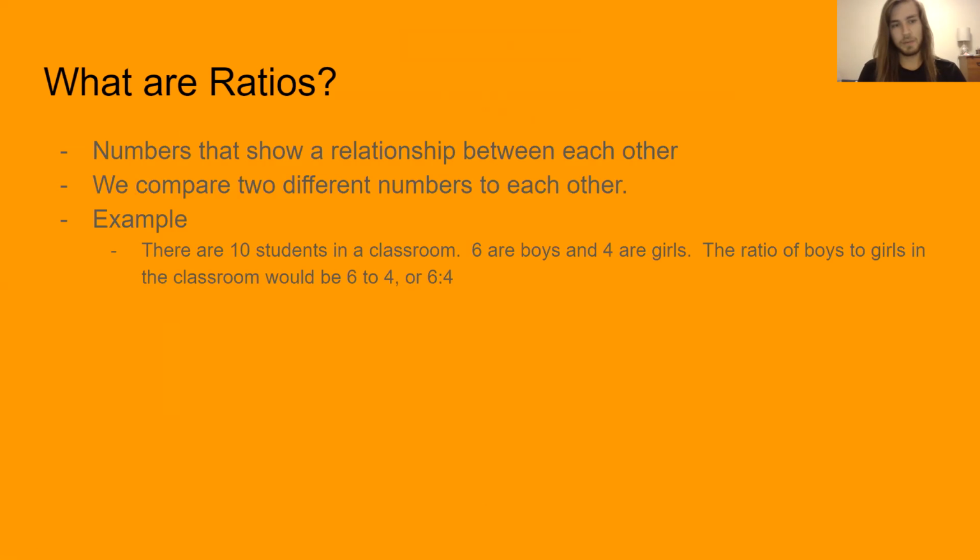One of them is that these are numbers that show a relationship between each other, or two numbers that we compare to each other. My example here is that there are 10 students in the classroom, 6 of them are boys and 4 of them are girls. So therefore the ratio of boys to girls in the classroom would be 6-4, written that way.